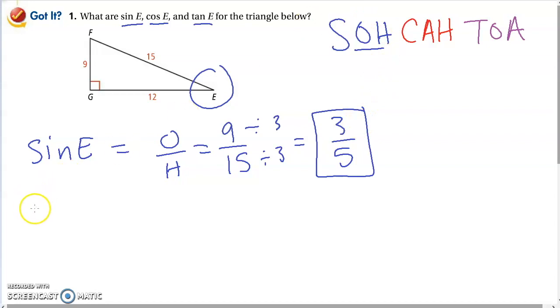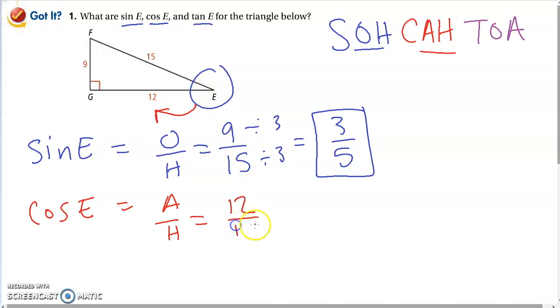Let's go ahead and do cosine of E. Cosine of E is going to be adjacent over hypotenuse. The adjacent side to E is going to be 12. The hypotenuse is still 15, and that can reduce lower by dividing by 3 and get 4 over 5.